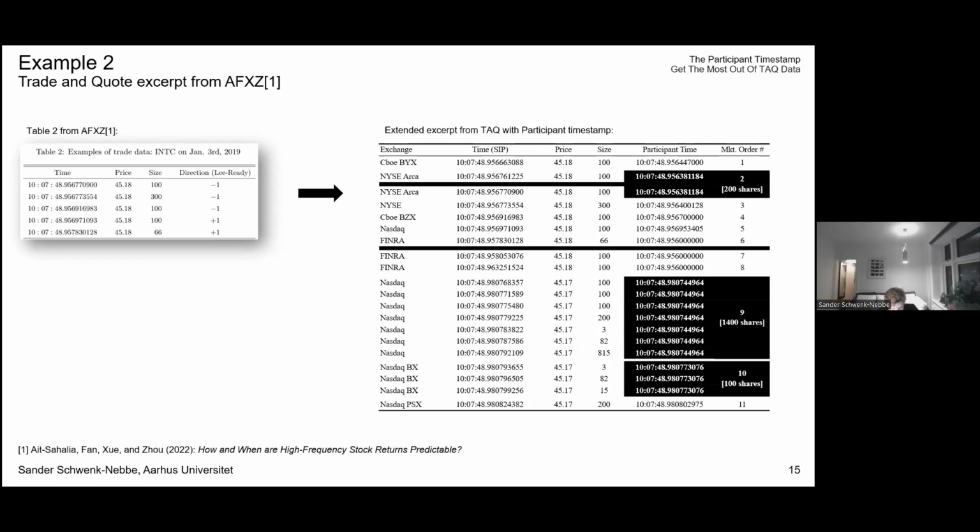All right, next question, Albert. I just want to make sure I understood what you're saying, because your answer was different from what I was expecting. I thought you were going to say that you can use the inconsistencies in the clocks between the various participants and the SIP to identify where trades originated from, and therefore get them sequenced correctly. Can you maybe elaborate on that a little bit? I'm not sure how you would do that.